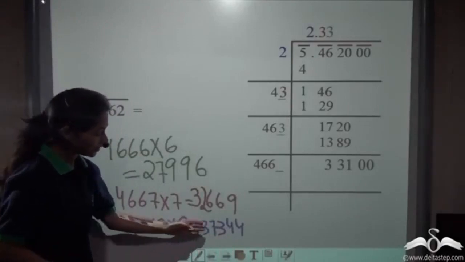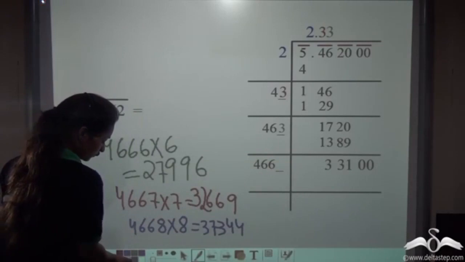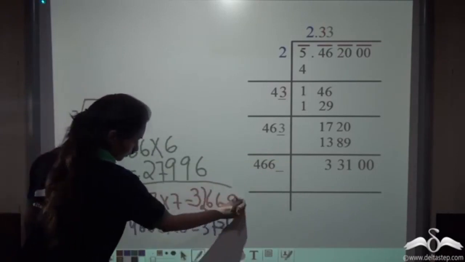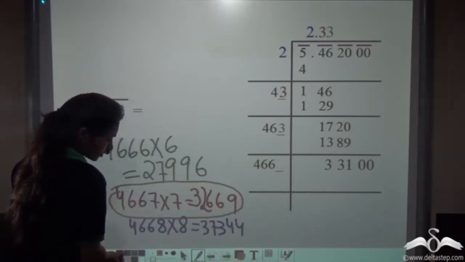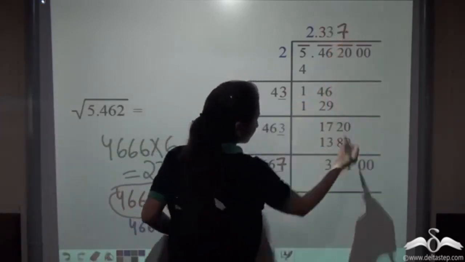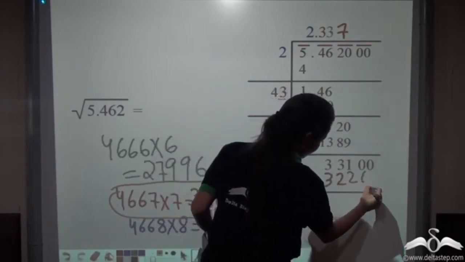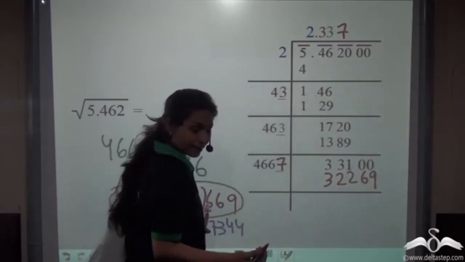Now you can see that this one goes beyond this, so we cannot use this. We will use this one. So let's write it. Well, we'll get a remainder.